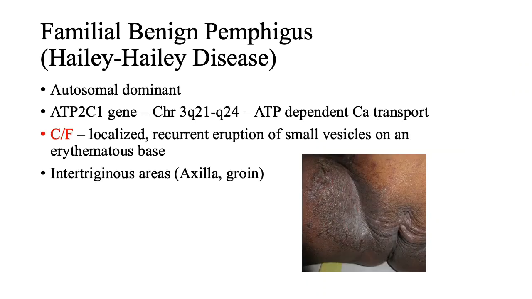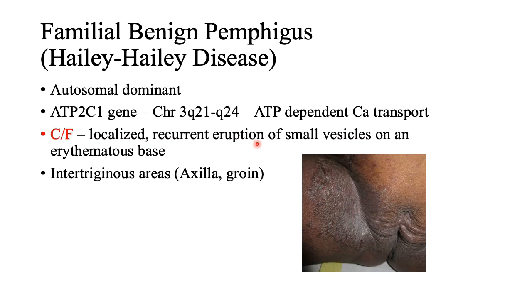Hailey-Hailey disease or familial benign pemphigus is an autosomal dominant condition which shows a defect in ATP-dependent calcium transport. Clinically, this condition presents as localized recurrent eruptions of small vesicles on an erythematous base.